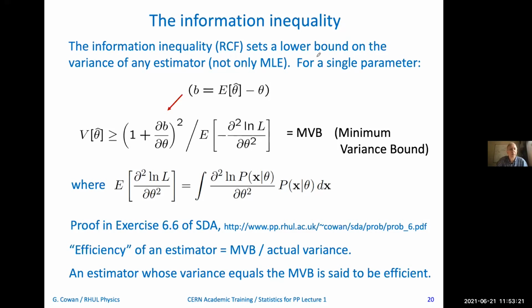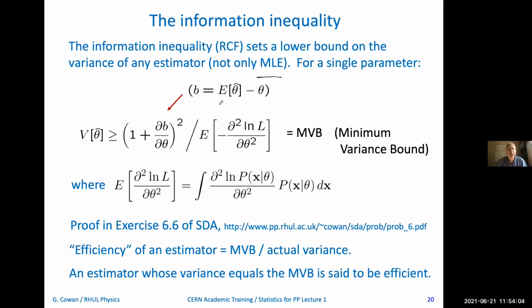This sets a lower bound on the variance of any estimator, not only the MLE, but any estimator you can write down will have to have a variance which is greater than this thing on the right, called the minimum variance bound. So here's the version for a single parameter, and then there's the corresponding version for multiple parameters, which is in the extra slides somewhere. But let's just discuss the one parameter version to start with. The information inequality says that the variance of any estimator theta hat for a parameter theta has to be greater than or equal to, here in the numerator, 1 plus the derivative of the bias with respect to the parameter.